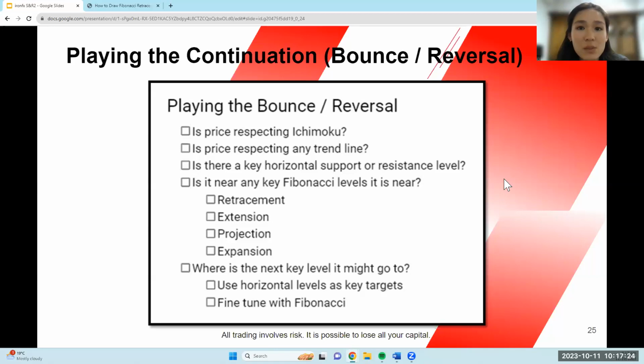When you find a couple of levels that match up at the same area, it doesn't have to be a level, it can be an area, as long as it's close together, that's fine. Then that is more confirmation that your analysis is correct and that price is likely to be attracted to that level.